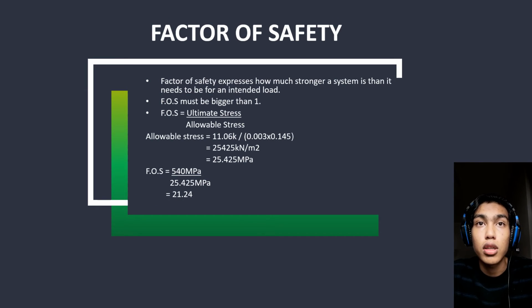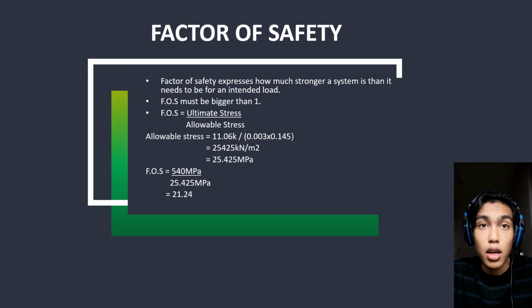Finally, we can also calculate the factor of safety. Factor of safety expresses how much stronger a system is than it needs to be for an intended load. FOS must be bigger than 1. FOS equals ultimate stress divided by allowable stress.